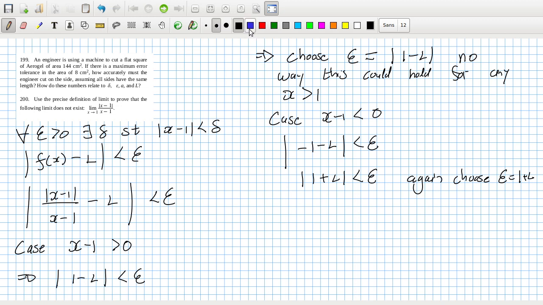So, putting that together, if you choose epsilon equal to whichever is bigger, the maximum of absolute of 1 minus L and absolute of 1 plus L. Even if the first case was true, then you've chosen an epsilon either equal to or bigger than this.